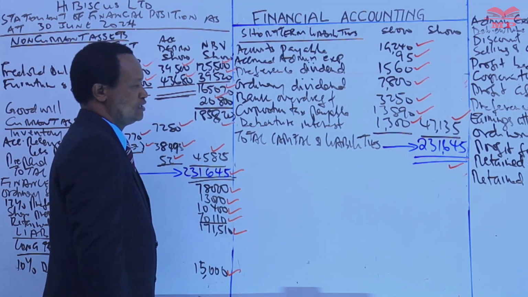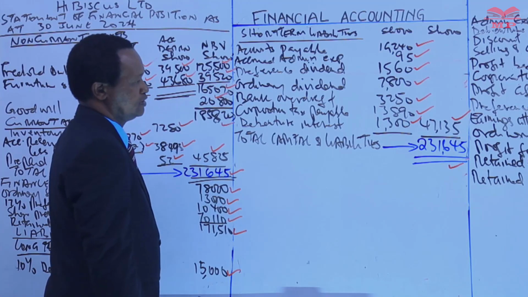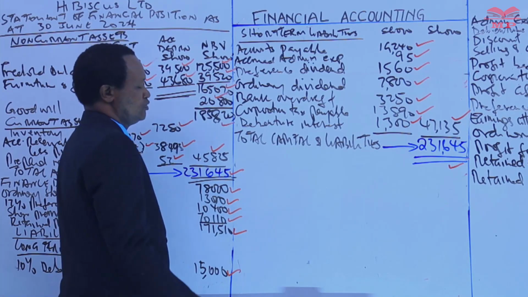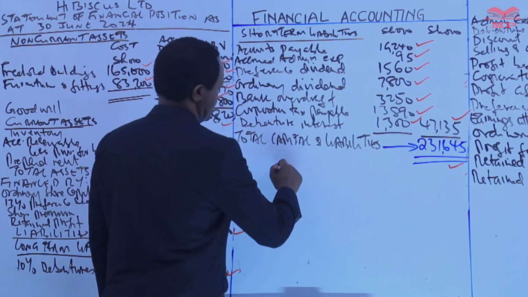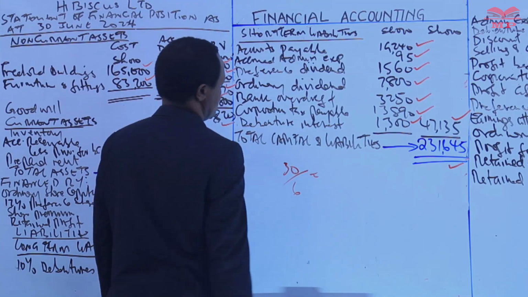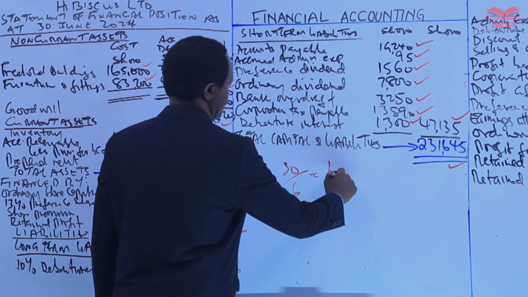These are 30 entries to earn you 6 marks. So 30 over 6, 1 over 5.